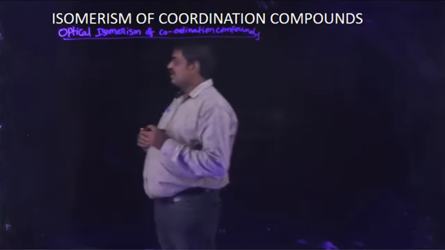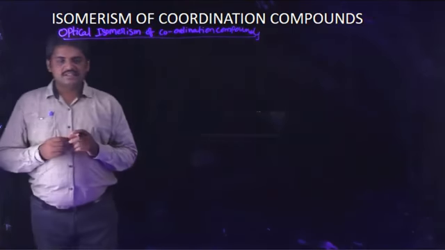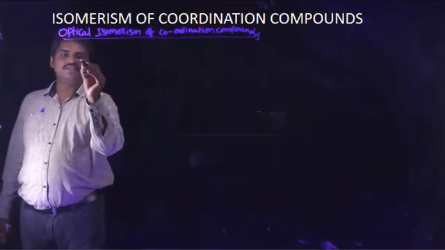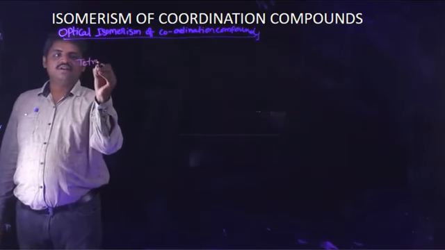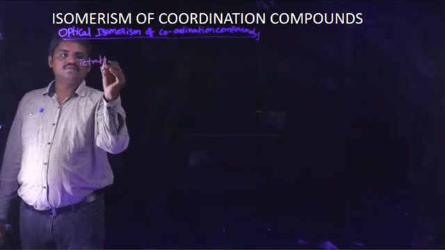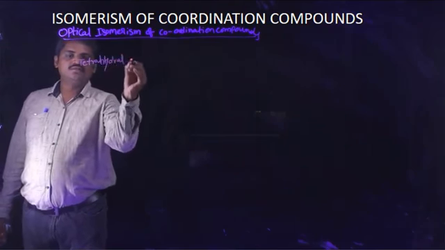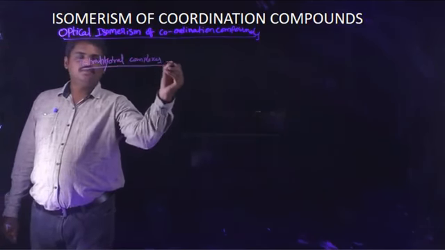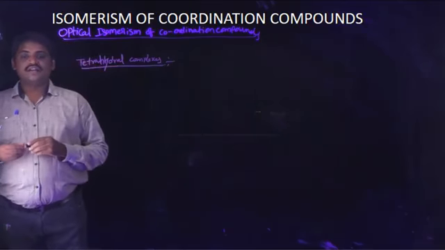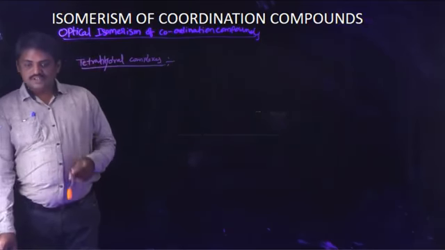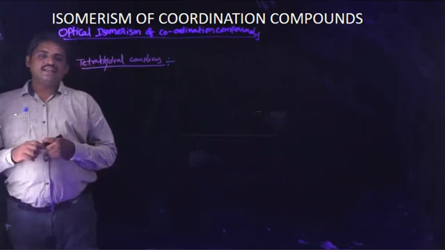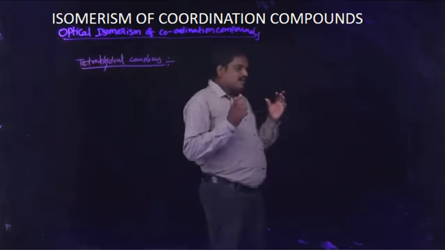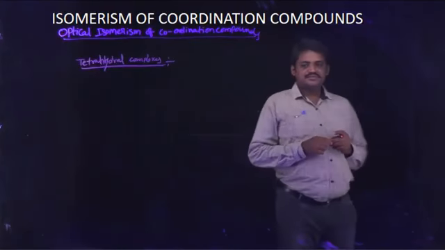Optical isomerism is exhibited by tetrahedral complexes and octahedral complexes also. First, I am going to discuss tetrahedral complexes. So, what is the meaning of tetrahedral complexes?